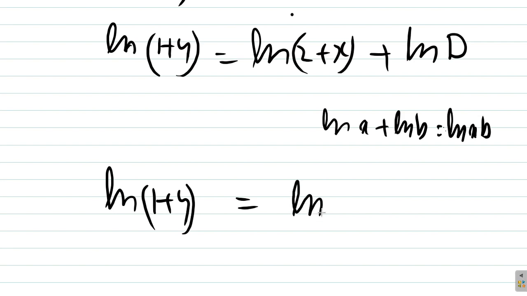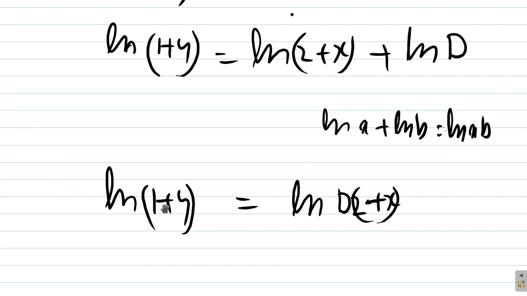Is the same as ln of 2 plus x times d. Now let's put the d in front. Is the same as ln d times 2 plus x. Now, you have ln of these two things.